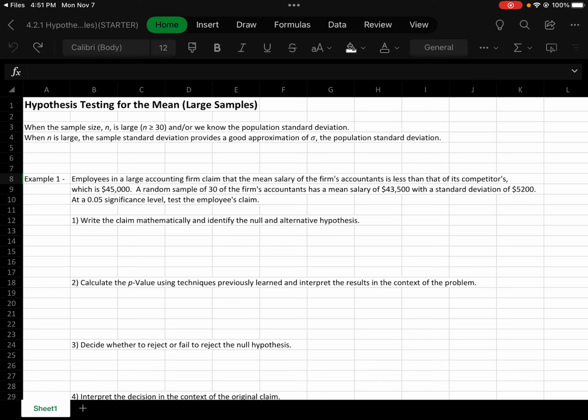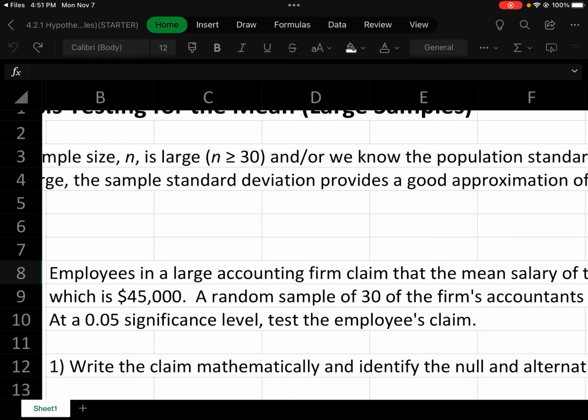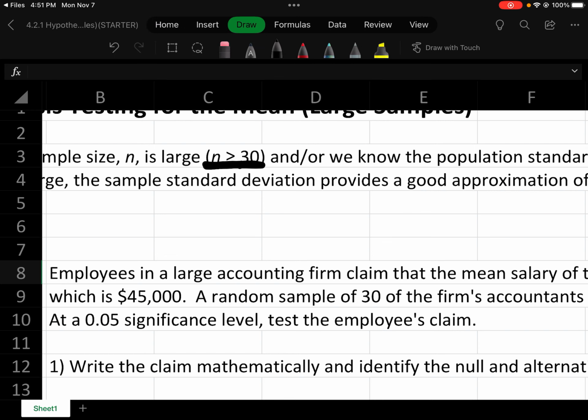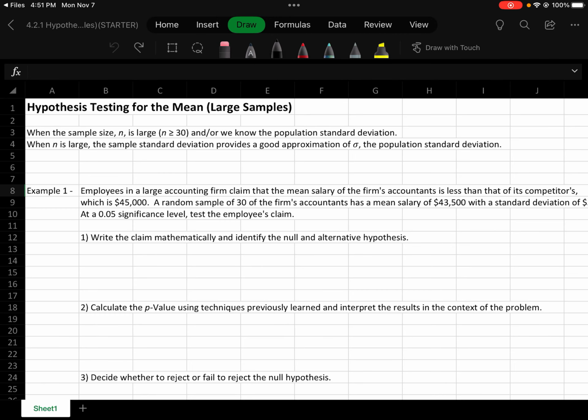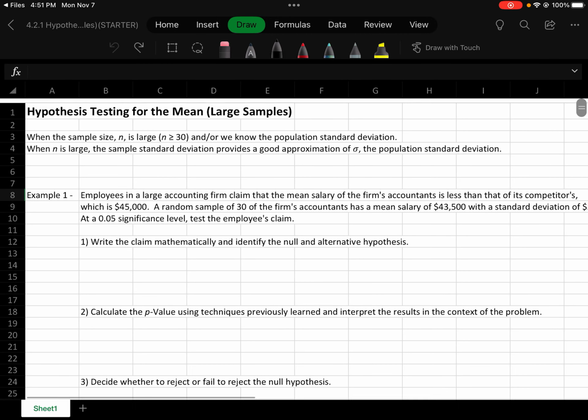Hey everyone. Today we are going to talk about hypothesis testing a little bit more. Specifically, the hypothesis testing we're doing today is for when we take a large sample from a population, large being anything above n equals 30, and we're testing for the mean.